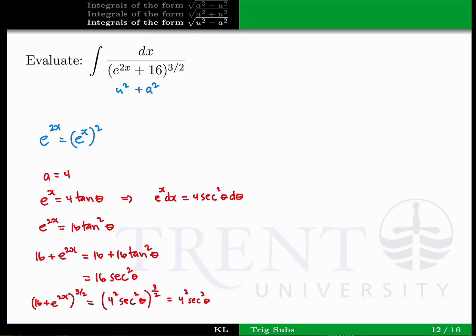So if we isolate dx, we will have 4 secant squared theta d theta divided by e to the x, but e to the x is 4 tangent theta. So on the denominator, we have 4 tangent theta. And of course, the 4 will cancel the 4 in here.